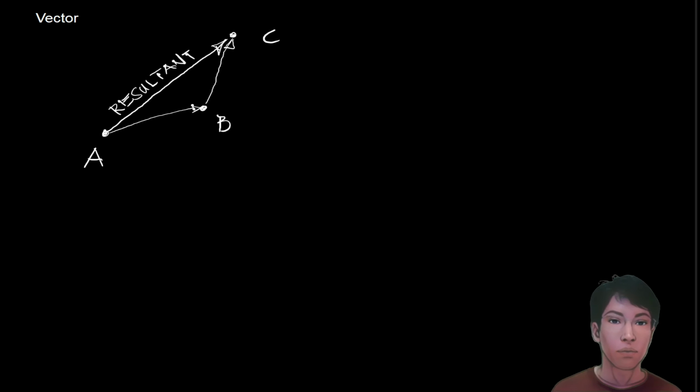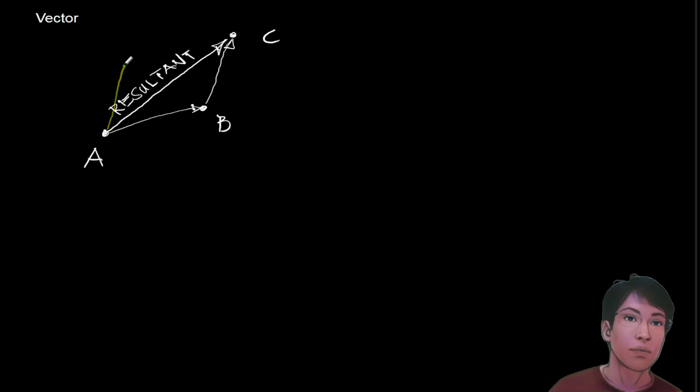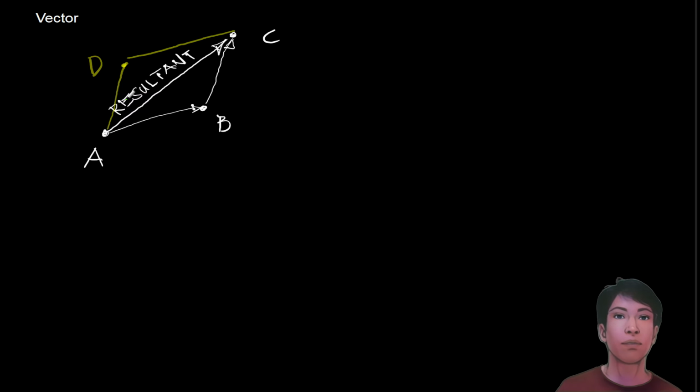Meaning, if I were to displace this object first like this, this will be point D, and then later do A to B, I will still arrive at point C. So it doesn't matter.